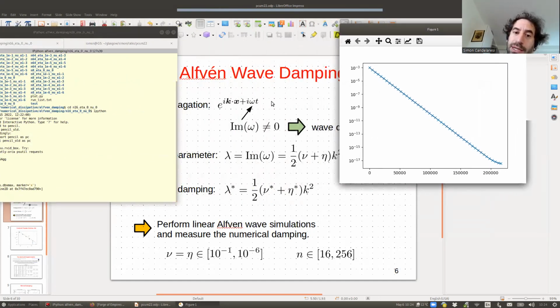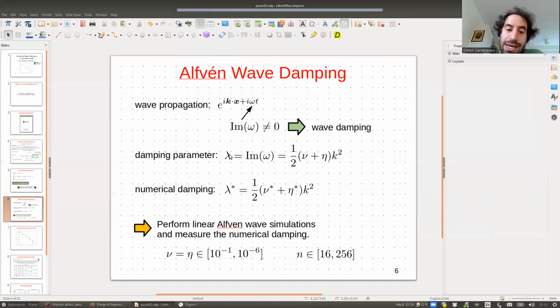Right, so e to the minus lambda t. We do our least squares fit, and we get lambda. And that's the total lambda, which is composed of the explicit lambda, the physical one, and the numerical one. So it's lambda plus lambda star. And of course, we know exactly lambda, so we can just take the difference to get lambda star.